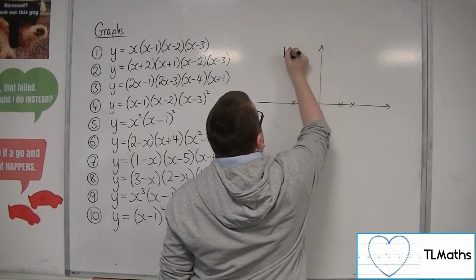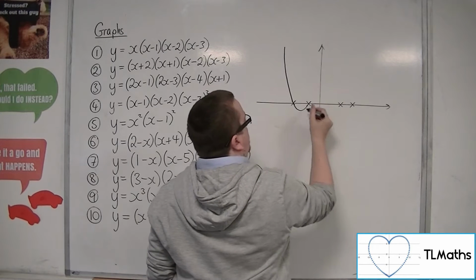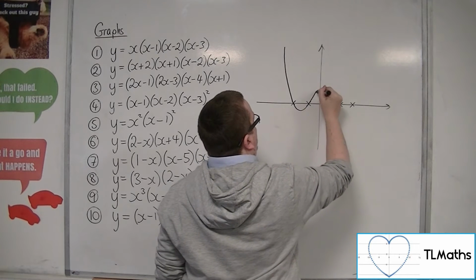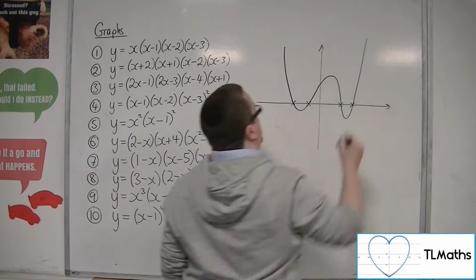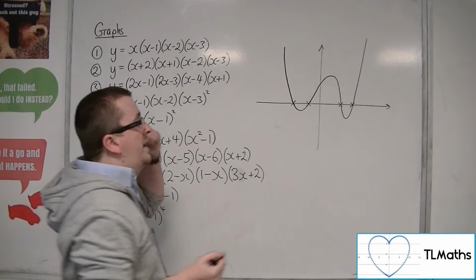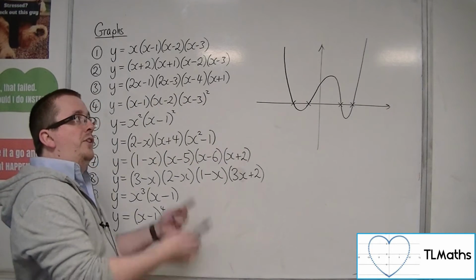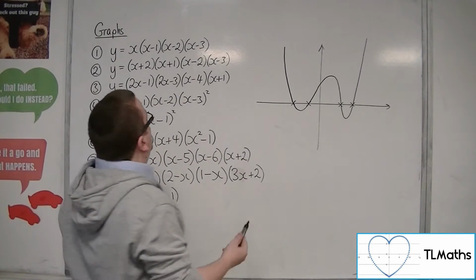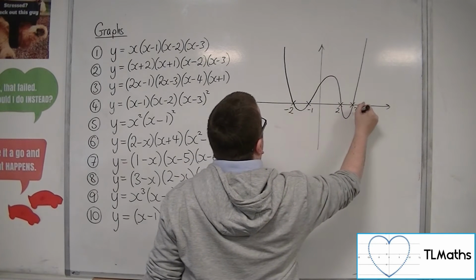So our curve must start in the top left, go through this point, back round through here. Now it would have to do something like that in order to go back round and hit those 2 points and shoot off to the top right. So starting top left, ending in top right. So we've got minus 2, minus 1, 2, and 3.